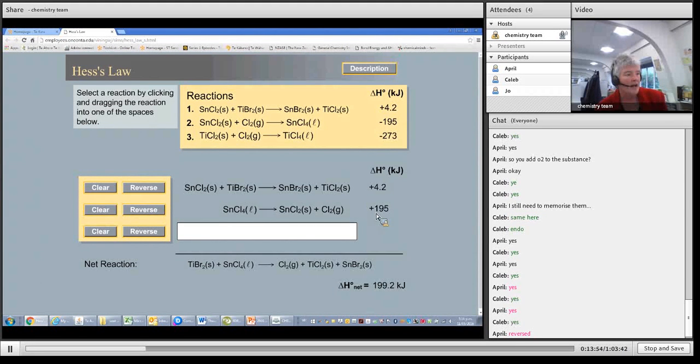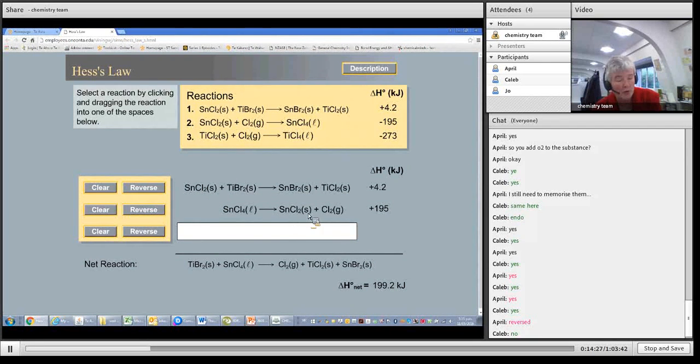Okay, now if we look at the final equation we've got, do you notice I've got tin chloride there, I've got tin chloride here. Do I have tin chloride, and I don't mean the tetrachloride, but the tin dichloride, in my final reaction? No, because this is what we can use with Hess's law. I can cancel this one. I've got 1 tin chloride on the left-hand side of the reaction and 1 tin chloride on the right.